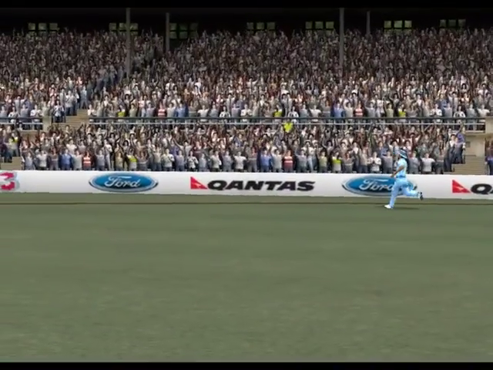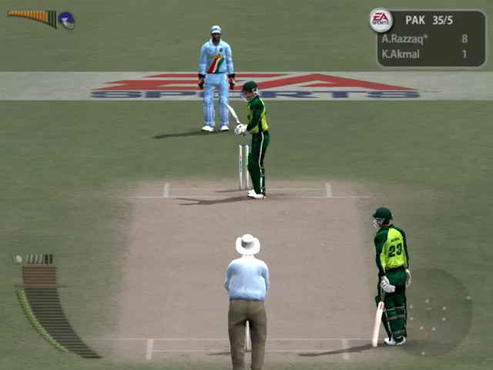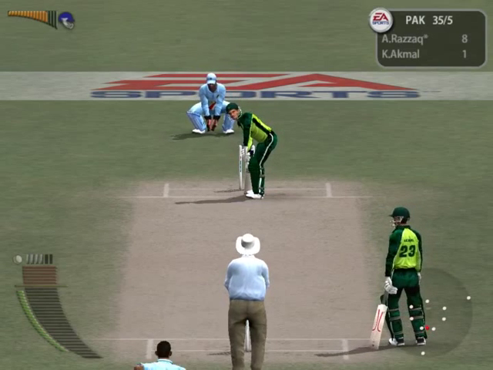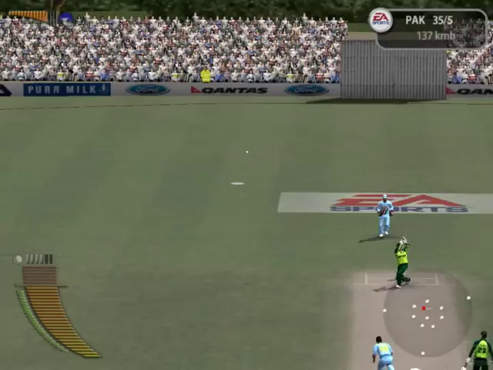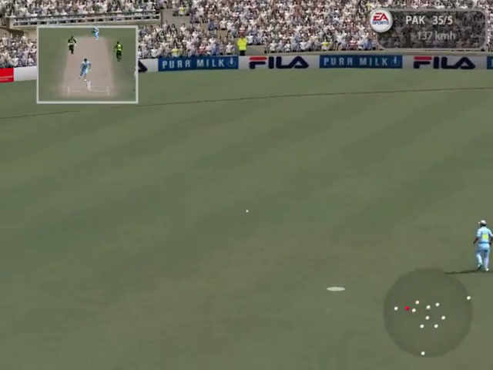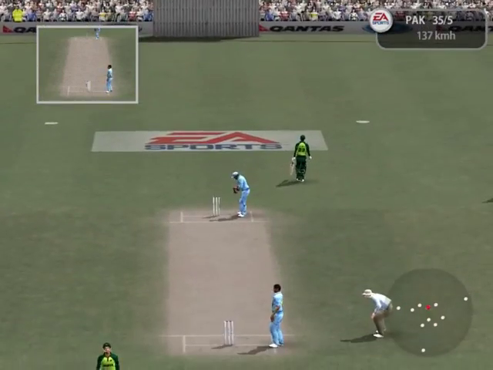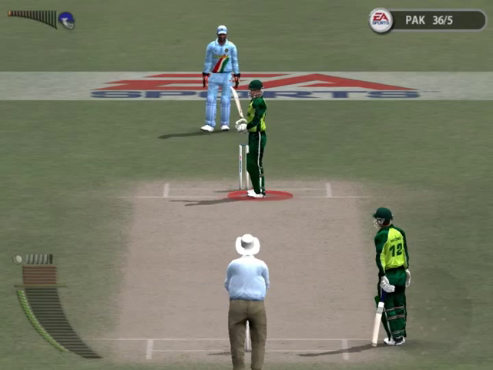Let's see the action replay of that. Agaka continues. Should be some runs here. It's just one there.